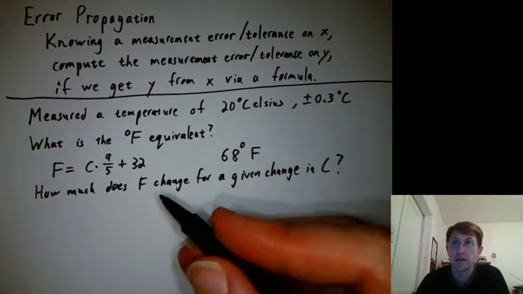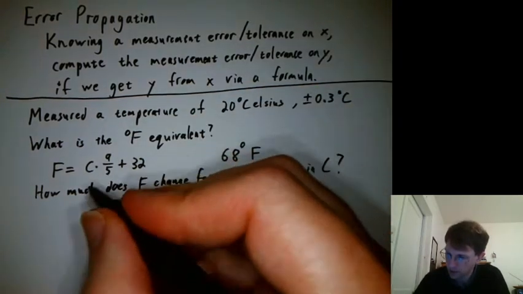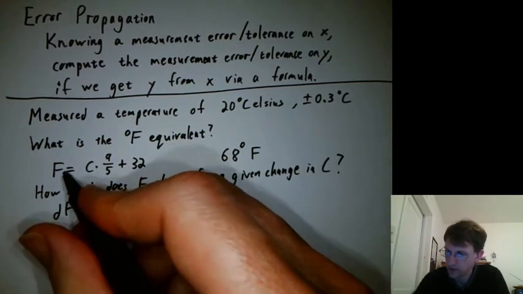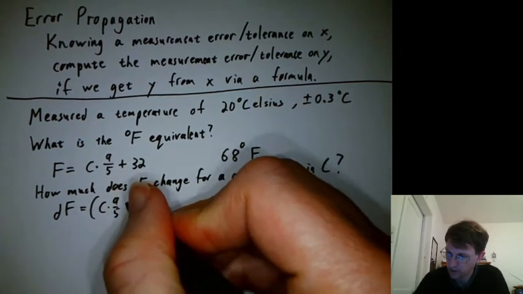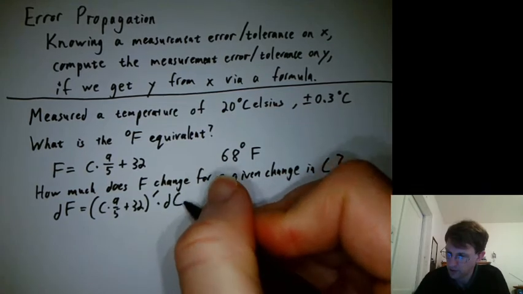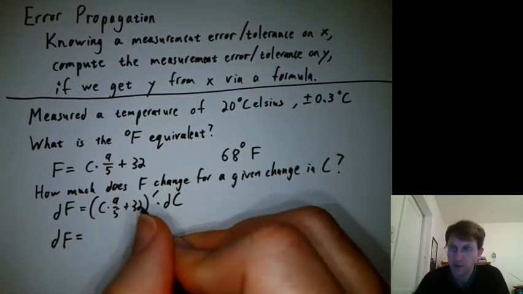How much does Y change for a given change in X, at least approximately? So we could say, what's the differential of F? That would be (C times 9/5 plus 32)' times dC. And what's the derivative of C times 9/5 plus 32?